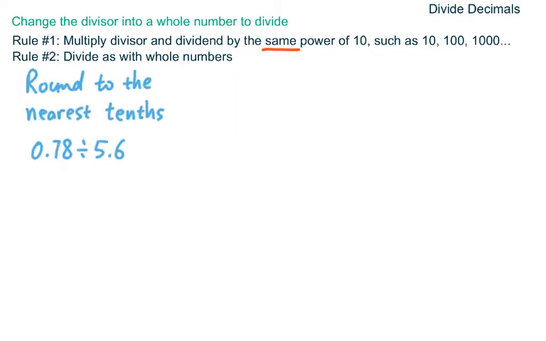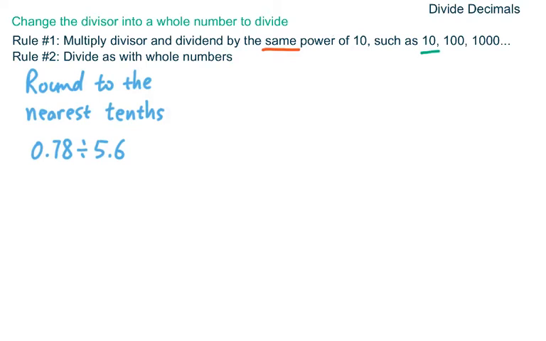Okay, this is the last problem. We are going to divide 0.78 by 5.6 and the direction says to round the answer to the nearest tenths. So follow the first rule. We want to make sure the divisor is a whole number. That means we need to multiply both numbers by 10.